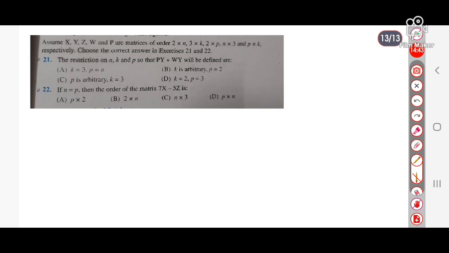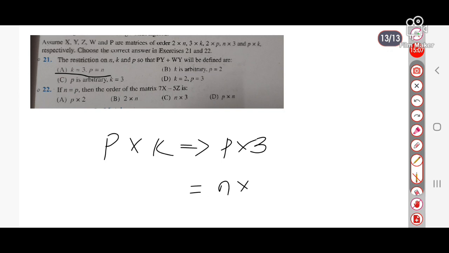P cross k, when k equals 3, it becomes p cross 3. Similarly, when p equals n, assuming this first option, it becomes n cross 3.